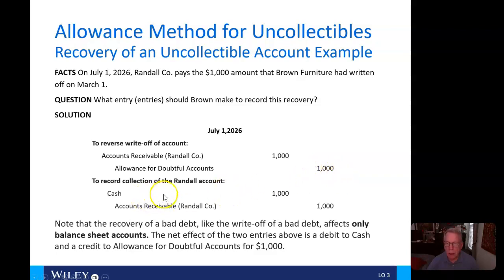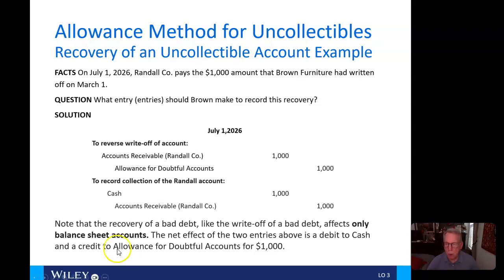Now, as we collect it, we'll collect the cash just like normal and reduce accounts receivable just like normal for that $1,000 that we did collect. And that will restore the allowance for doubtful accounts back up to the $10,000.